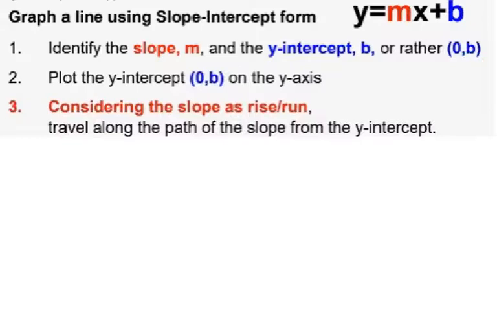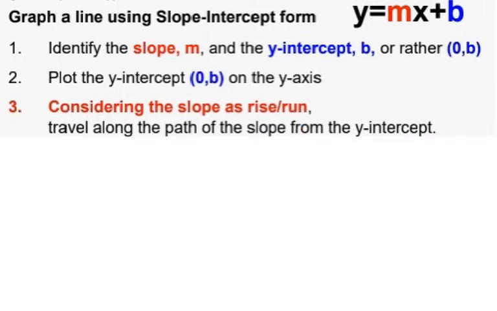Once we've determined both the slope and the y-intercept, it's rather easy to graph a line. The first thing we'll do is plot the y-intercept along the y-axis, somewhere vertically up or down. Then we'll consider our slope as rise over run.